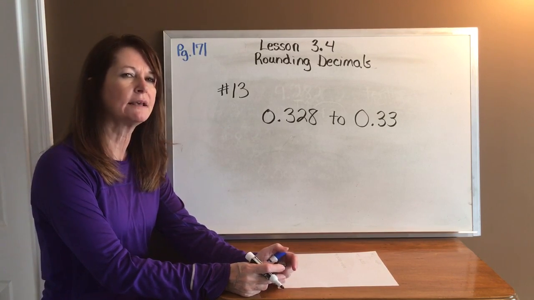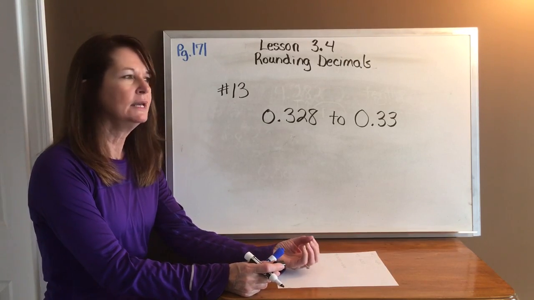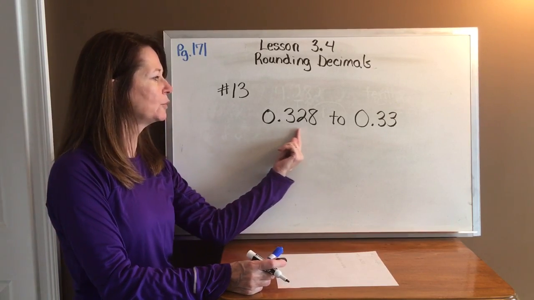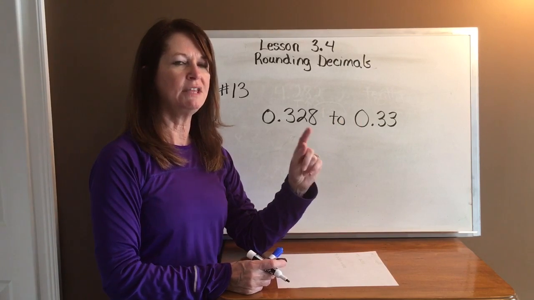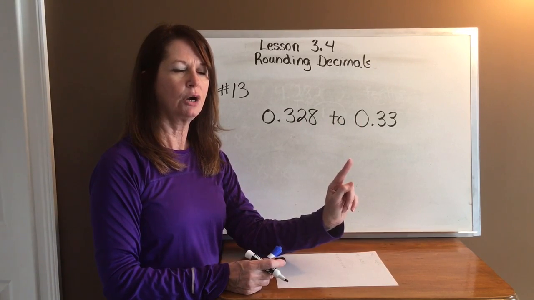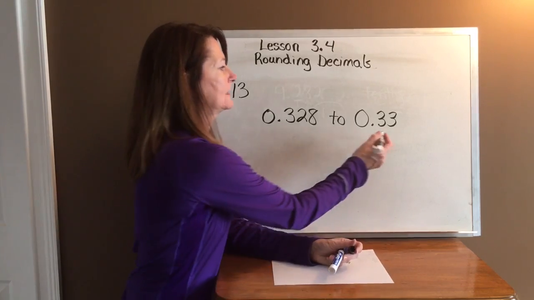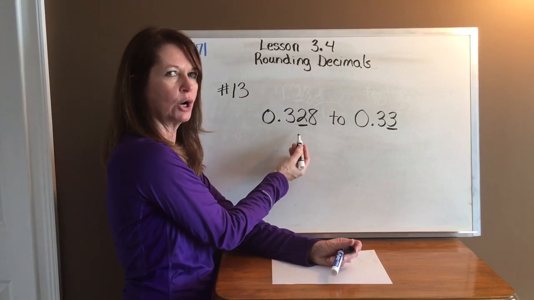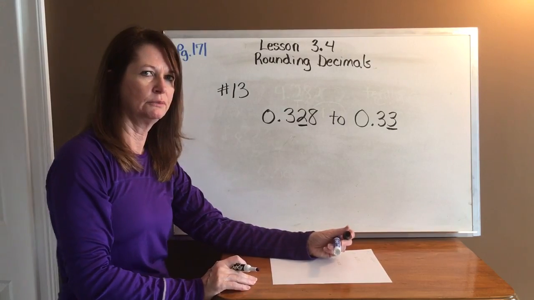Tell what place value, ones, tenths, hundredths, thousandths, is this number rounded to. So we're looking at this. This is the number we started with, and this is what it's rounded to. Remember that I said the underlined digit will be followed by all zeros. So that means this would have been my underlined digit. That's the place value that I rounded to.